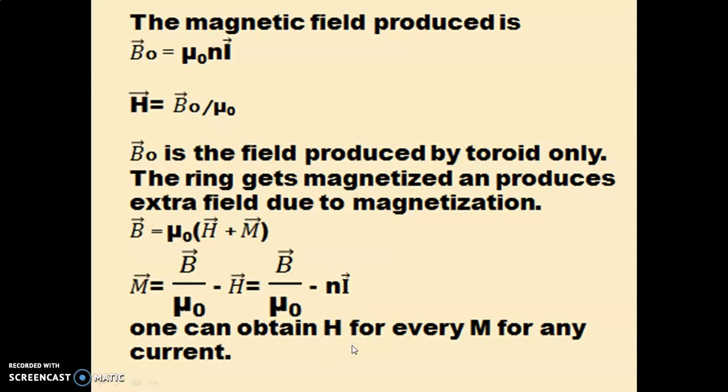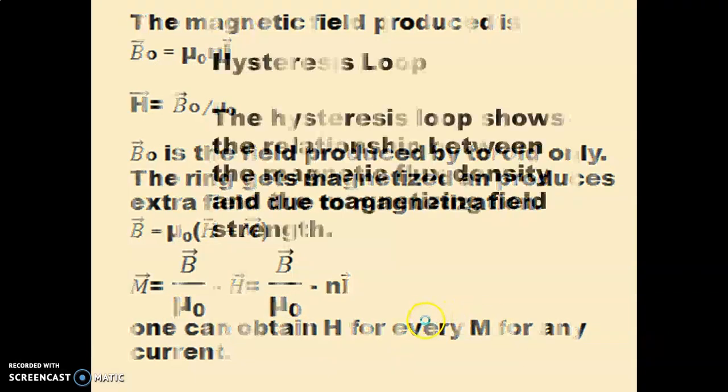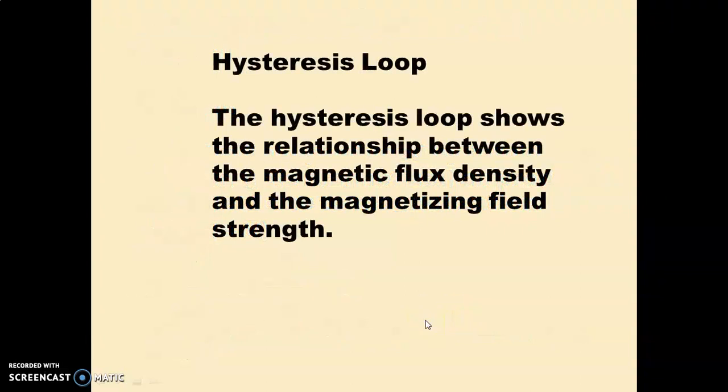That means if we change the value of the current, then what happens here? We can find this H for every M, for any current. Then the hysteresis loop. The hysteresis loop shows the relationship between magnetic flux density and the magnetizing field strength.